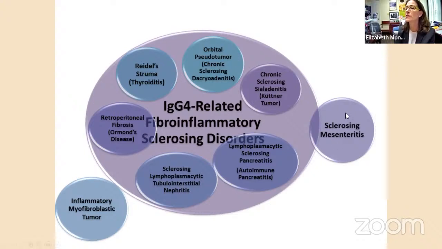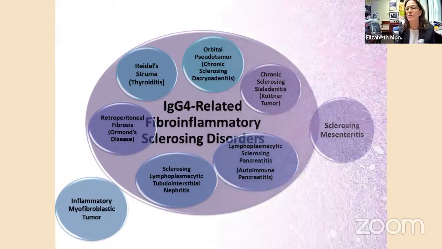Sclerosing mesenteritis, on the other hand, is different, even though it can have occasional IgG, or it can have a lot of IgG4 positive cells. The important thing is that inflammatory myofibroblastic tumors can also feature a lot of IgG4 positive cells if you're asked to do it, or don't realize what you're dealing with and do it, but it's not steroid responsive. So it's a garden path you don't want to go down.